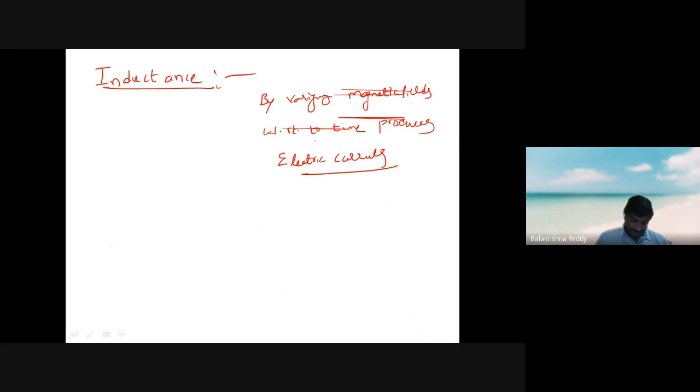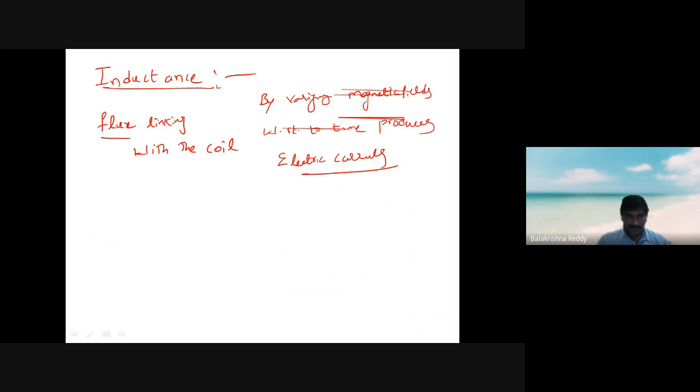Okay, this electric current, how is it produced? It is produced by flux linking with the coil.